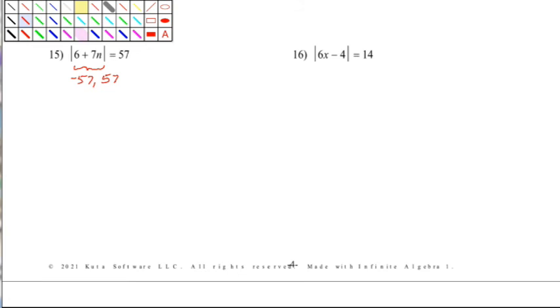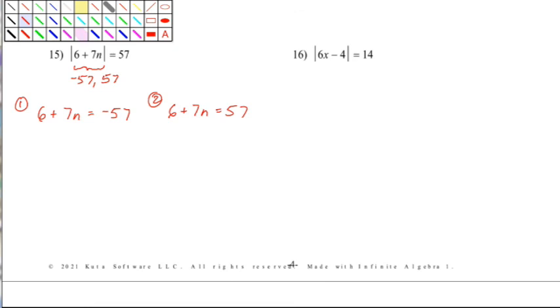So what I do is I take whatever is inside of my absolute value bars, and I write my first equation, which is going to be 6 plus 7n is equal to minus 57. And then I'm just going to write my second equation before I do anything. And I'm going to have 6 plus 7n is equal to plus 57. Now I just solve these for n using my equation solving techniques.